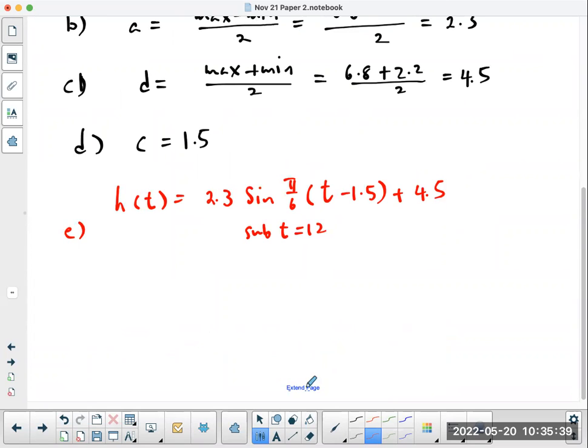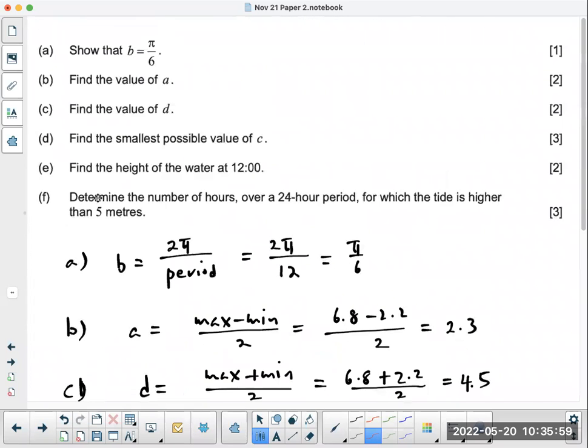If you have calculated, H at 12 should equal, rounded to 3 significant figures, which is what IB wants, 2.87 meters. Now, if you have a graphing calculator, you can also solve it using a graphing calculator and sub in x value equals 12.